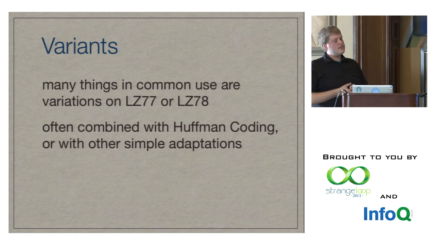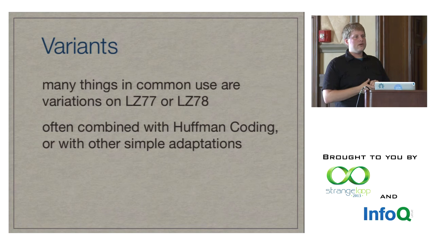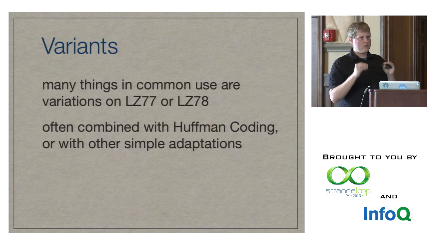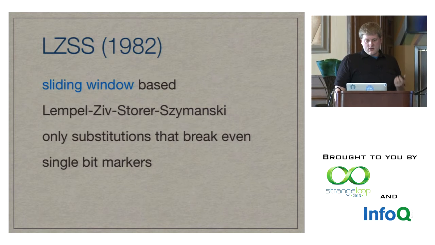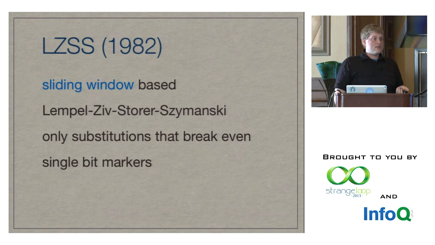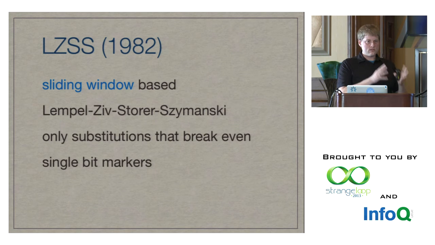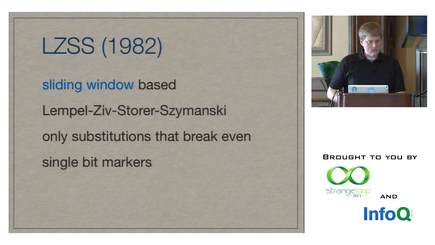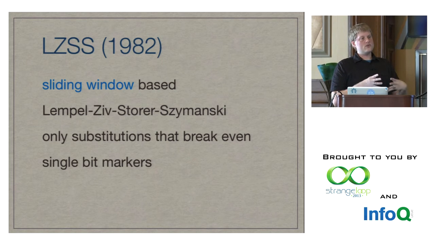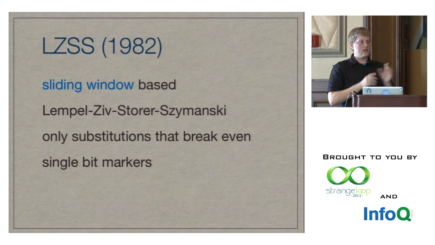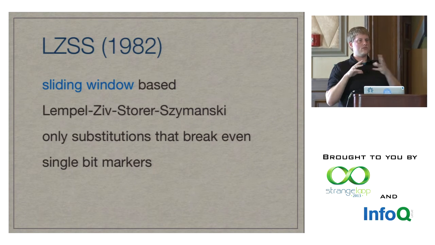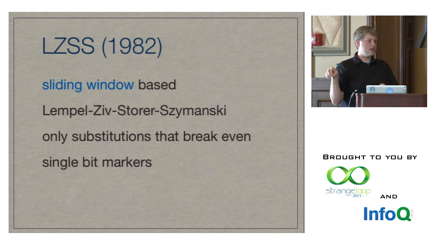But often they're combined with Huffman coding, or there's some other little changes to how they're implemented that make them more effective. And a good example of that is LZSS, Lempel-Ziv-Storer-Szymanski, which is based off of the sliding window technique. This is also a pattern that you'll see a lot where there's LZ-something compression, which is Lempel-Ziv, and then the people who implemented some novel variant of it just tack their names on the end.